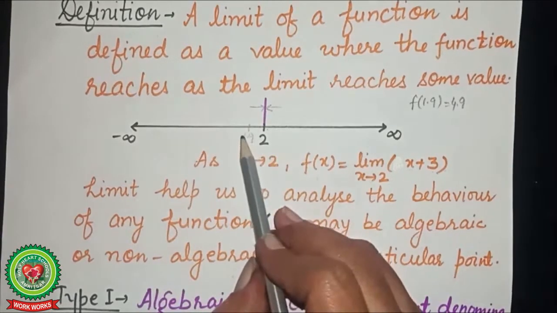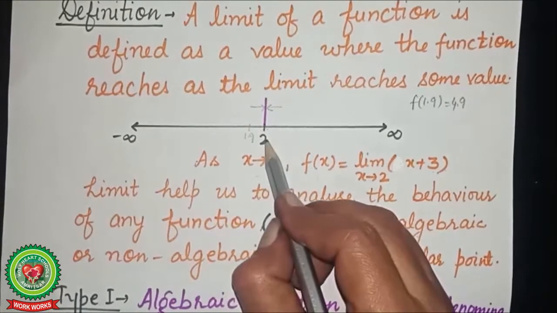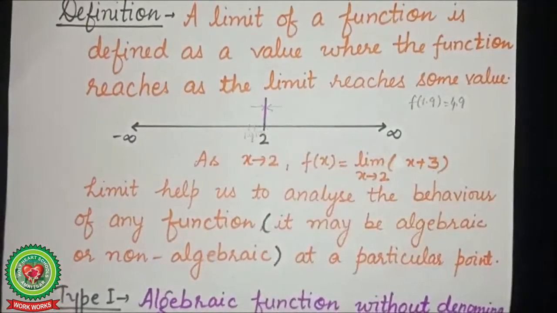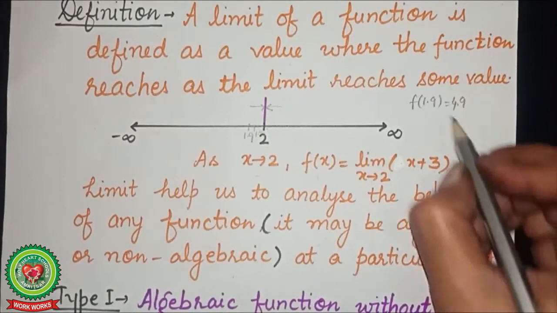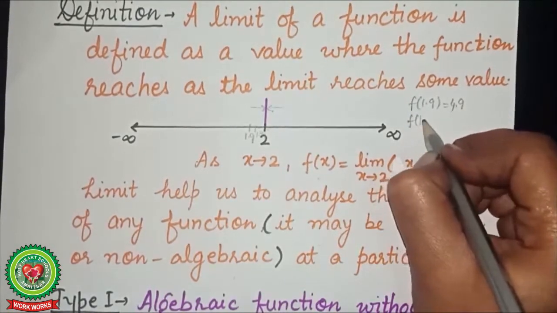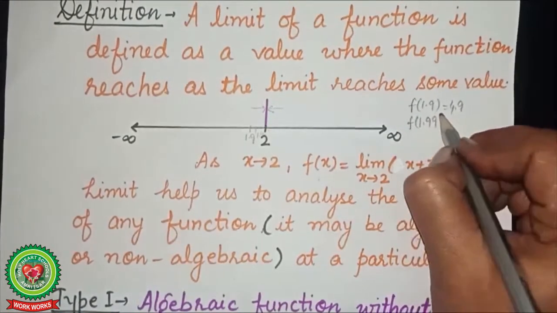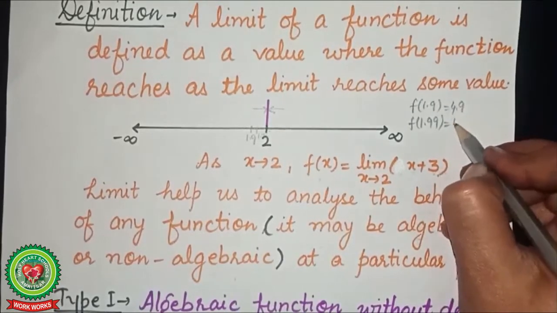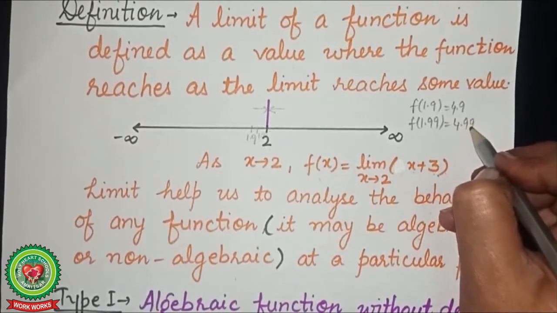Similarly, if we move closer to 2, say 1.99, the value will be 1.99 plus 3, so it is 4.99.